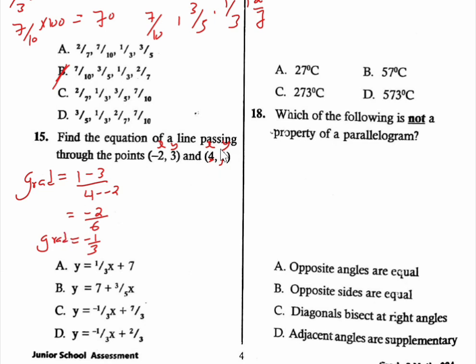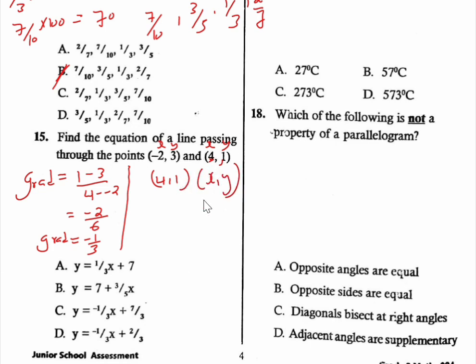The question is asking us to find the equation. When you have the gradient, finding the equation is very easy. You pick one of the points. I can pick the point negative 2 and 3, or the point 4 and 1. You can pick any. So the point is 4, 1.